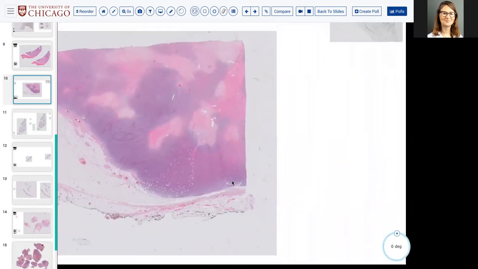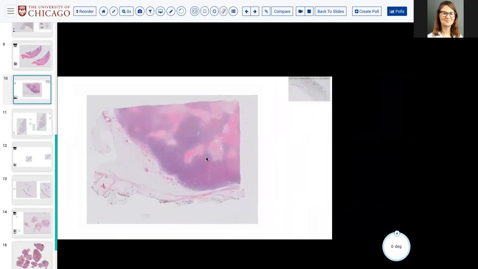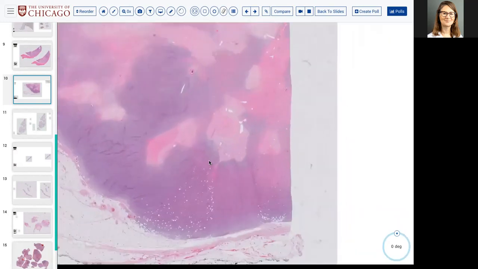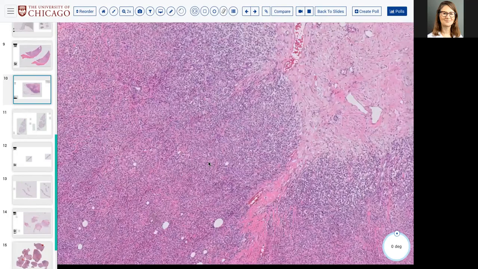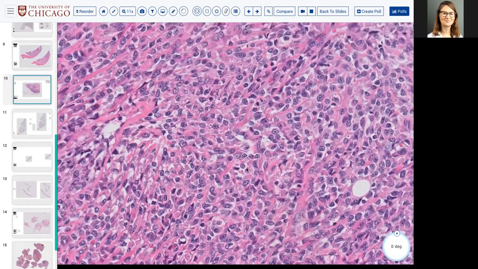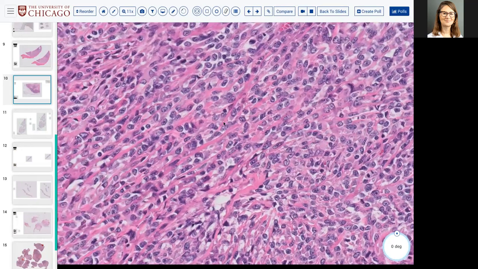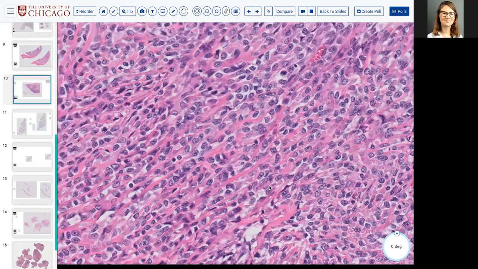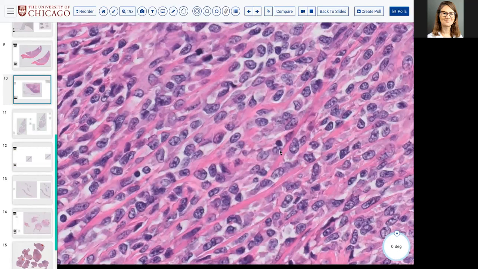But the pitfalls in sclerosing epithelioid fibrosarcoma are all of the above, as you mentioned, including and not limited to the fact that these collagenous bands may be perceived as osteoid. And so if you see this pattern in bone, we have done this before. Sadly, we have thought this was osteosarcoma when it is really SEF.